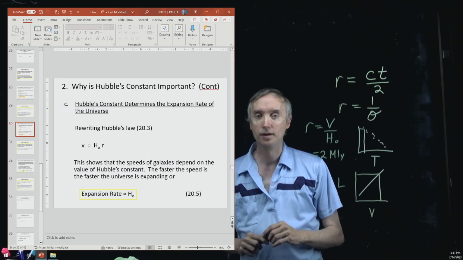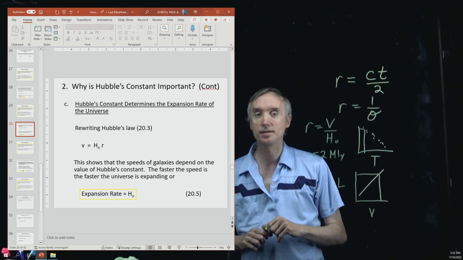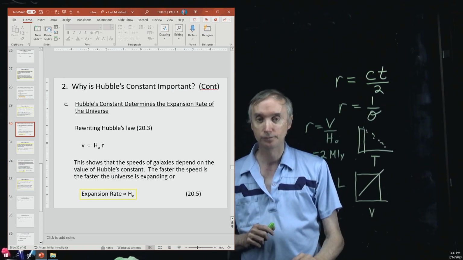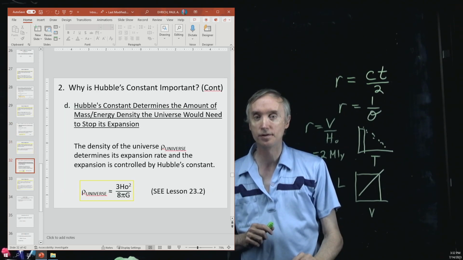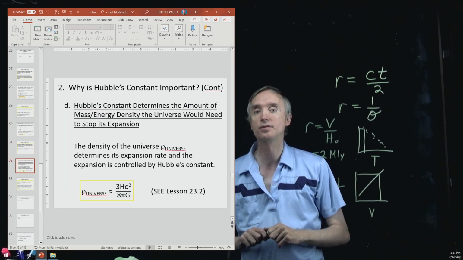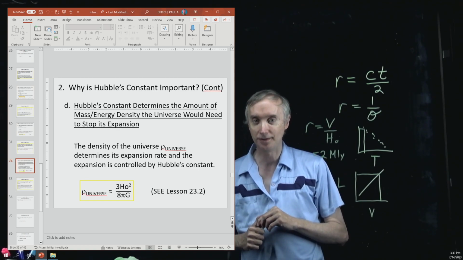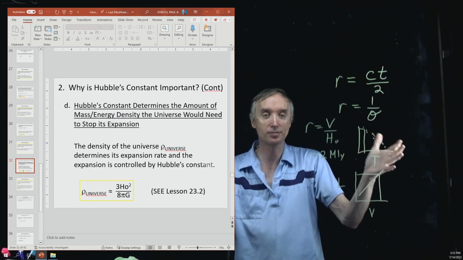Reason number 3, Hubble's constant determines how fast the universe is expanding. And then finally, reason number 4, Hubble's constant determines the amount of mass and energy density needed in the universe to keep it from expanding.